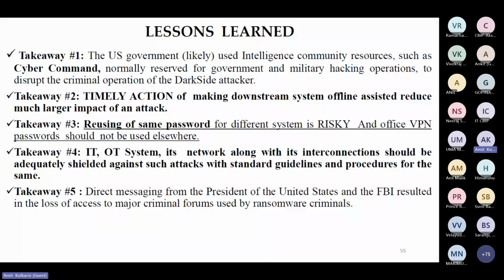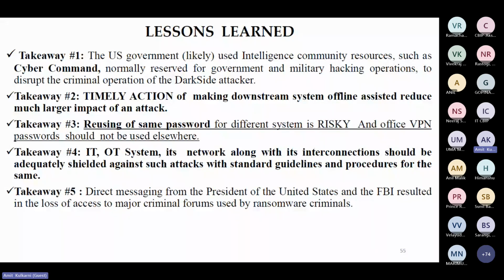The manner in which the government of the USA, FBI, Department of Homeland Security, and DOJ, that is Department of Justice, all acted in synergy helped them isolate the attackers and make them so aloof that they were unable to use any of the platforms or forums to carry on their activities further.